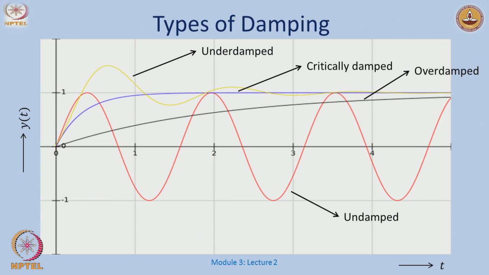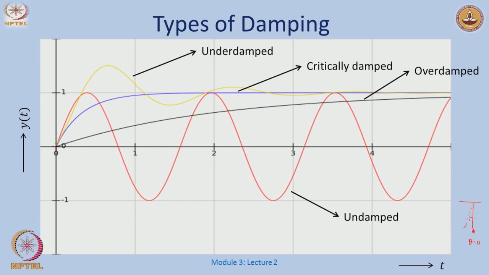Okay. So, a typical response, the red color here, would be an undamped system. Let me explain with the simple pendulum example. This is my theta equal to 0 position, and say I have an initial condition starting at theta equal to 15 degrees.